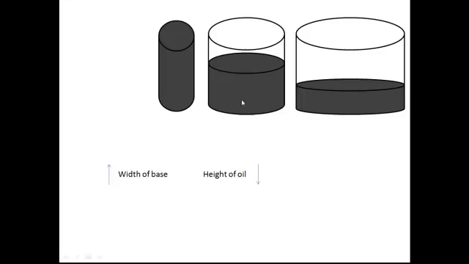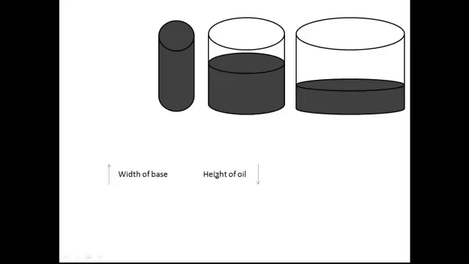So here I have what I'm going to call oil drums, or these containers for oil. And this first container, this cylinder shape, is going to be something that's kind of skinny. So we're going to be looking at the width, or the diameter of the base of these oil drums.